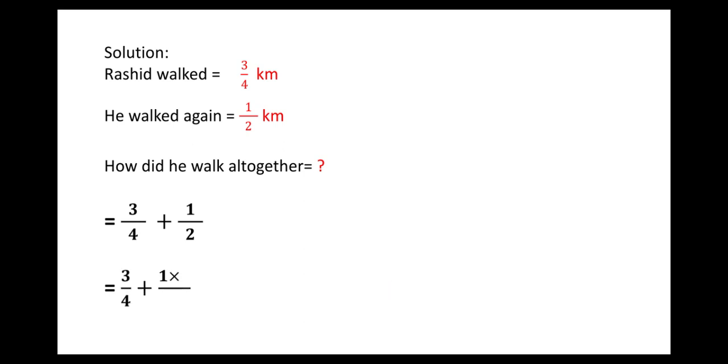Now this is an unlike fraction and we change it into a like fraction. So we don't need to take an LCM because 4 is a multiple of 2. So we directly multiply the fraction 1 upon 2 by the number 2. We get 4. So after the multiplication, we get 3 upon 4 plus 2 upon 4.